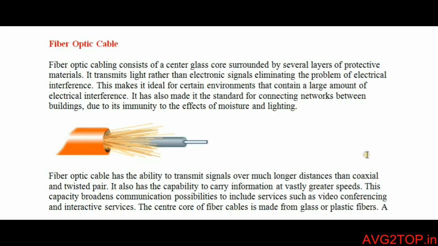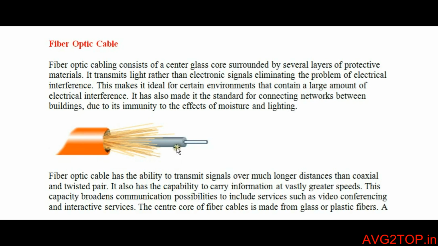Fiber optics cable. The fiber optics cable contains a central glass core surrounded with several protective materials. It doesn't use an electrical signal to transfer data, but a light signal.